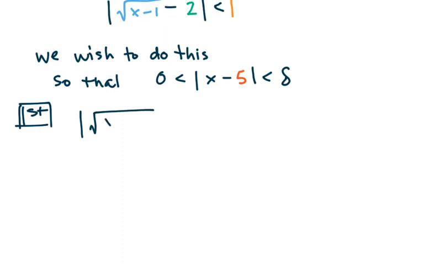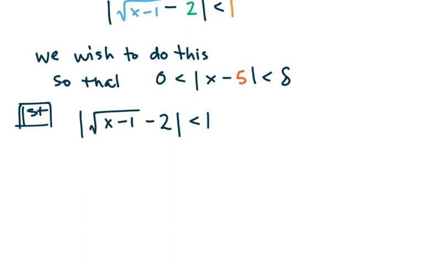I've got the absolute value of the square root of x minus 1 minus 2 needs to be less than 1. So we're solving an absolute value inequality, and we wish to determine an interval which contains x equals 5, on which the inequality is true for any other x that's not 5, okay?